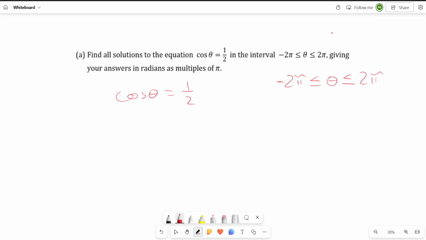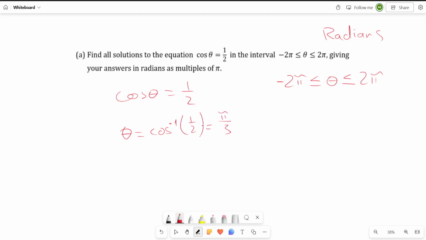Okay, so now I know that I need to work with radians, right? So the first thing you should do is you should get the base angle. And we all know how to do this. Theta equals cosine inverse of half. So if I quickly set my calculator to radians and do shift cosine of half, the answer is going to be pi over 3.